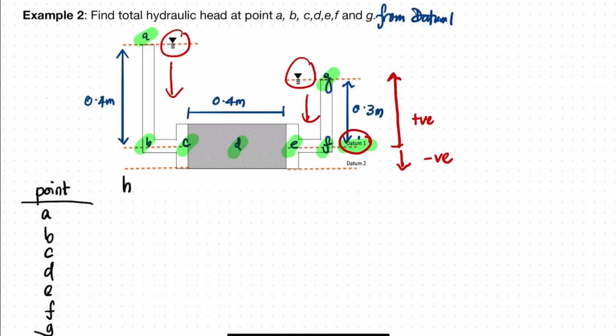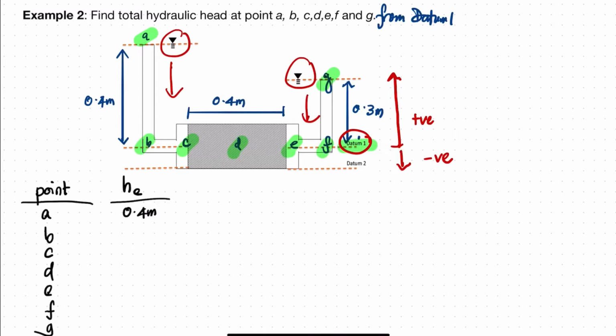And then we find the elevation head first. So remember earlier, elevation is measured from the point of datum. Datum here, datum 1 onward. So we look at A, elevation. You look at the datum 1 goes along here, and it is actually 0.4 meter from the datum. So A is 0.4 meter. And then we look at B, elevation of B, it falls on the datum.